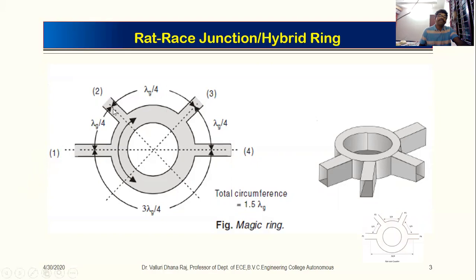So whatever power comes from the received signals at port 2 through the antenna, even if some power approaches the transmitter, it is going to be stopped. The main aim of this particular ring is to protect the receiver.